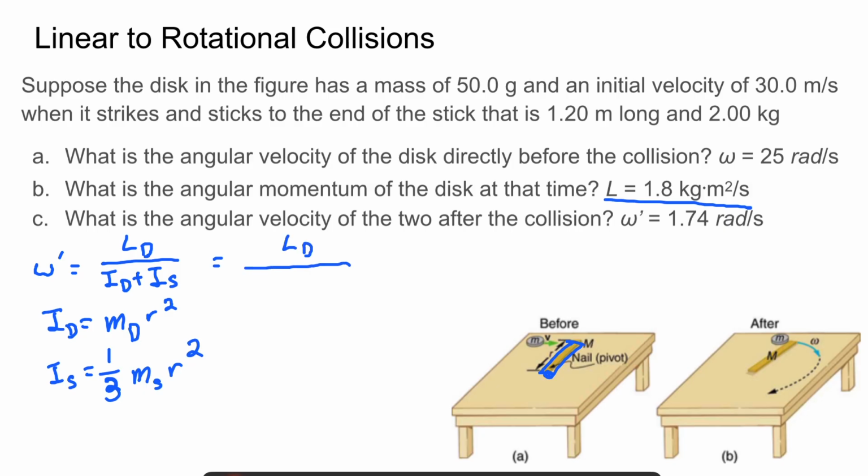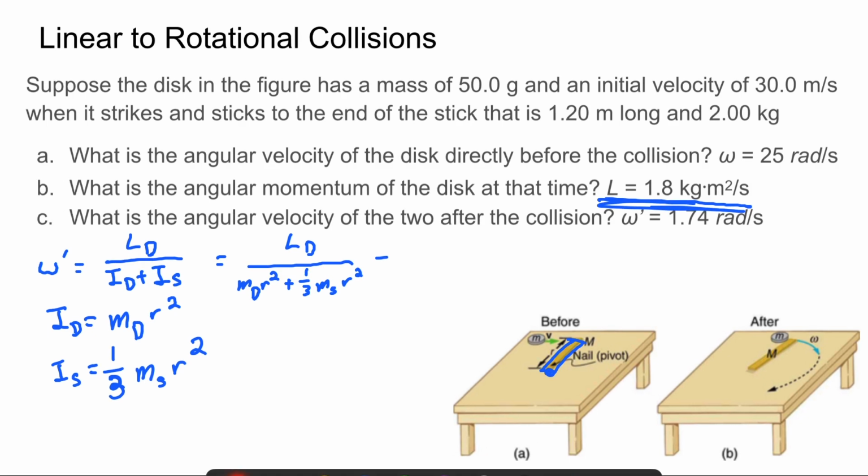So we have our initial angular momentum for the disk, which we already found in part B, divided by the mass of the disk times the length of the stick squared, plus 1/3 times the mass of the stick times radius squared. So we just have to plug our numbers in over here. We already had a number up on top, 1.8 kilogram meters squared per second, as our initial angular momentum of the disk.